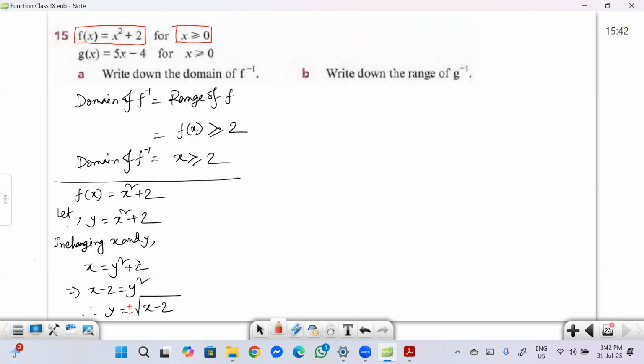That means the range of f inverse will be all the positive numbers.